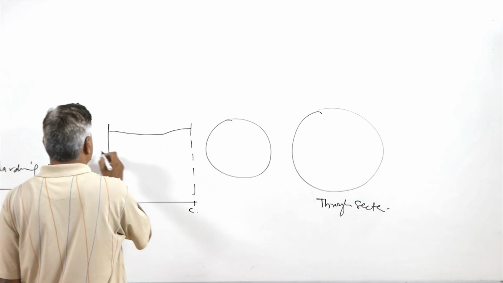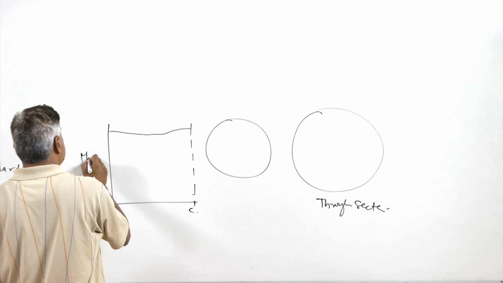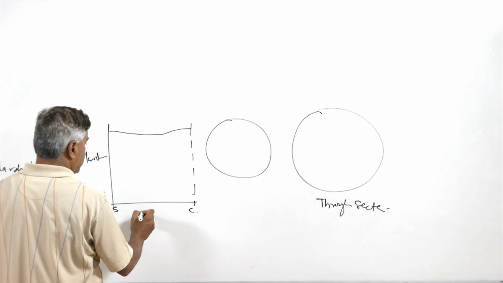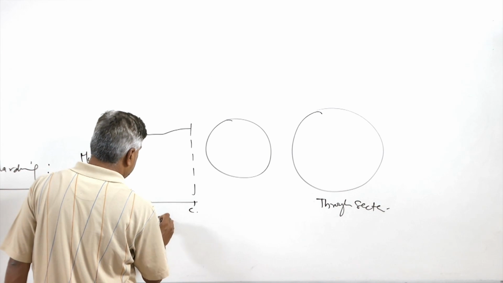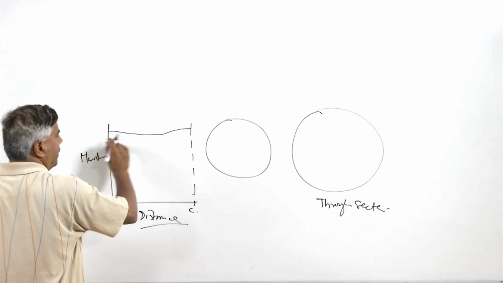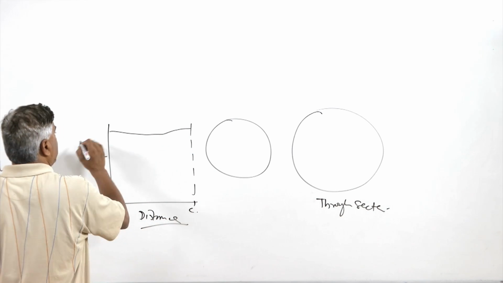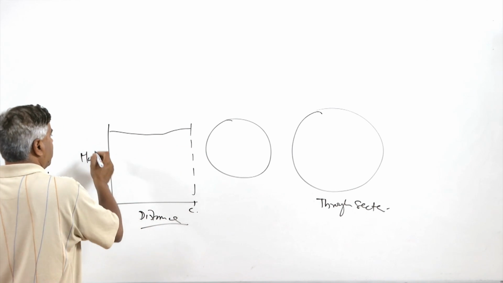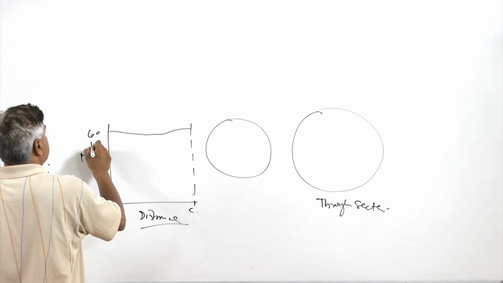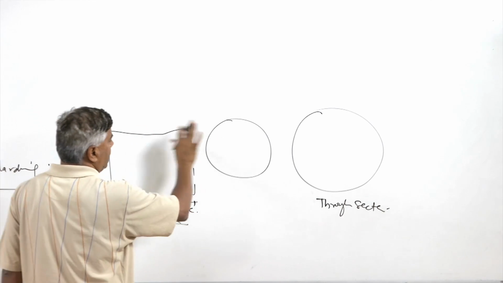The hardness almost remains constant. So this is the hardness and this is the distance from the surface to the center. Hardness by and large remains constant, and in the case of the hardening of the high carbon steels, it may be, say, 60 HRC, which is by and large constant.